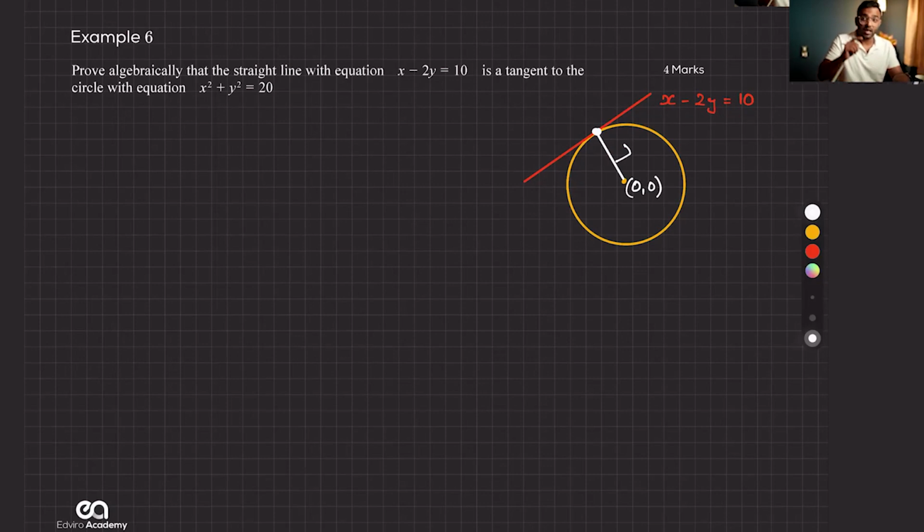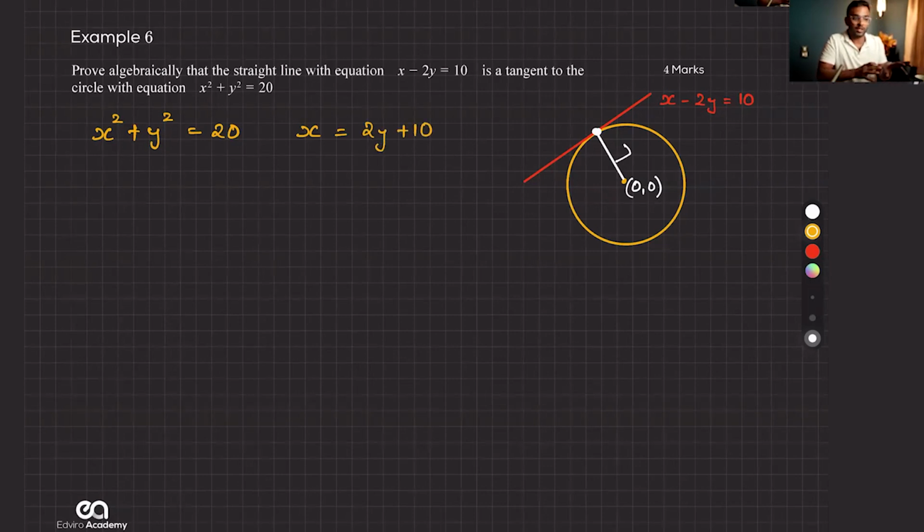It says algebraically, okay? Use Pythagoras, I'm not too sure. Watch this. We have x squared plus y squared equals 20, correct? And we have x. If I make x the subject, would you all agree the second equation would look like that? And we're going to substitute it.